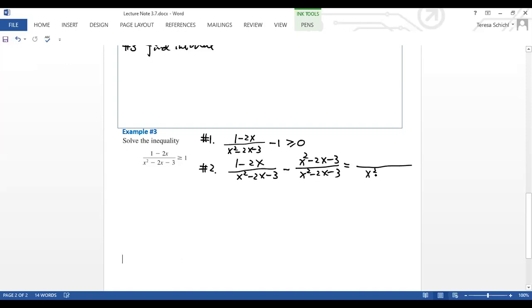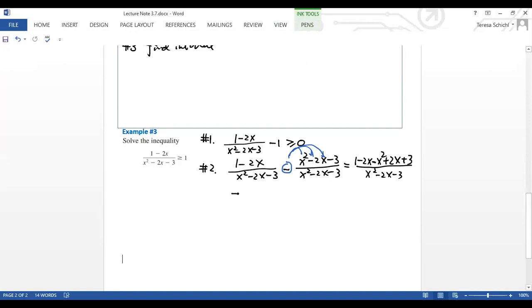So this one here is 1 minus 2x minus x squared. Be careful, this minus sign has to go over to every term. If you get the minus sign correct, then you are pretty good. So this is plus 2x plus 3.